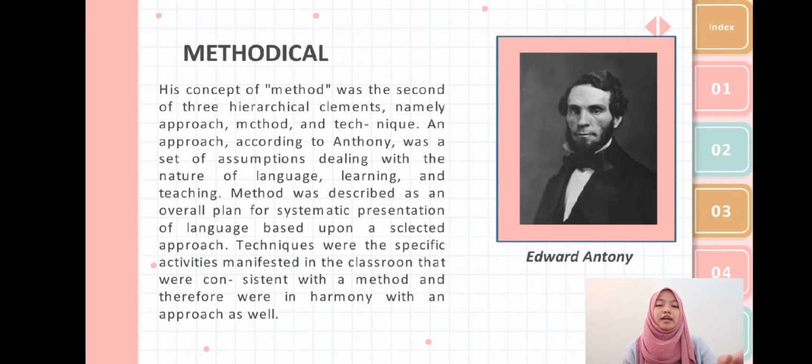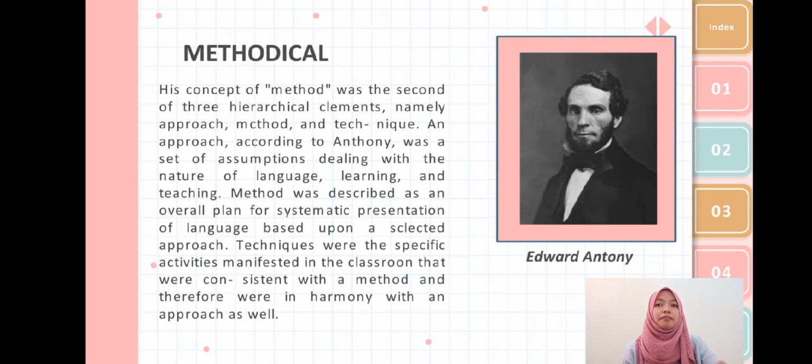From the expert Edward Anthony, the concept of method was the second of three hierarchical elements, namely approach, method, and technique. An approach, according to Anthony, was a set of assumptions dealing with the nature of language learning and teaching.